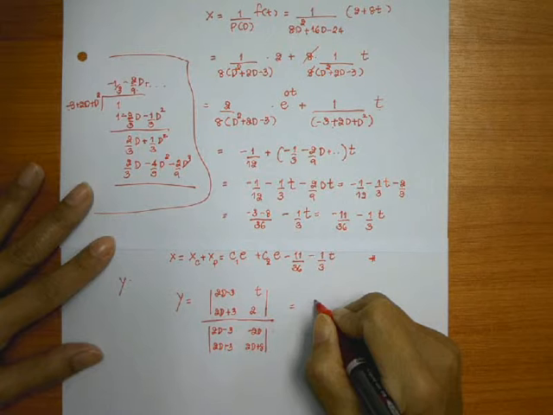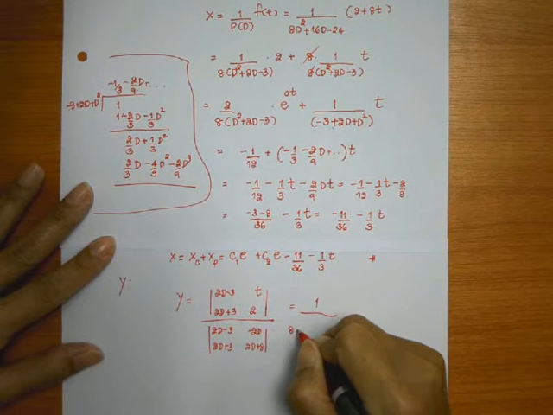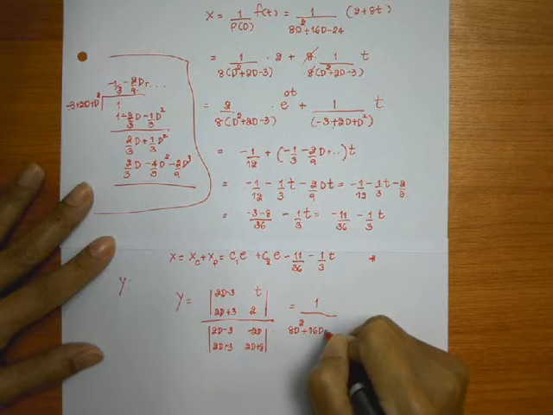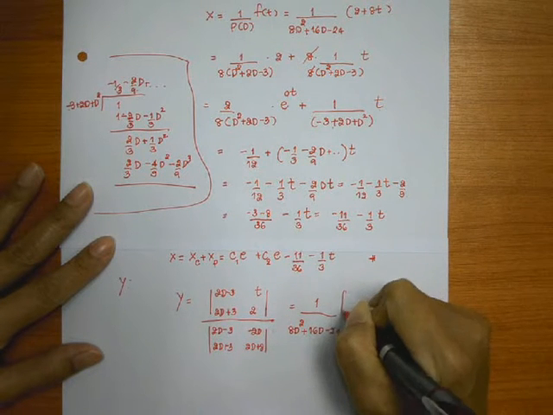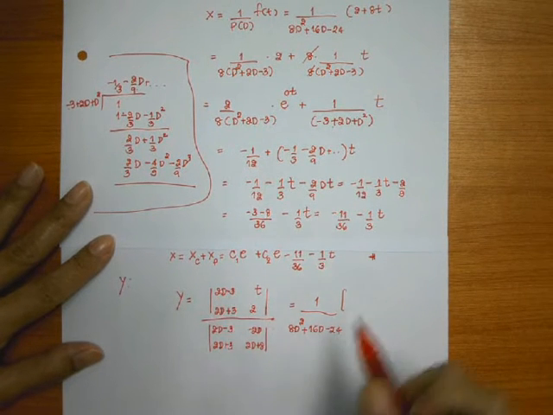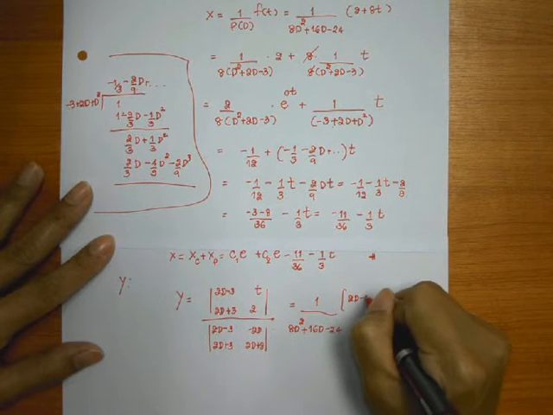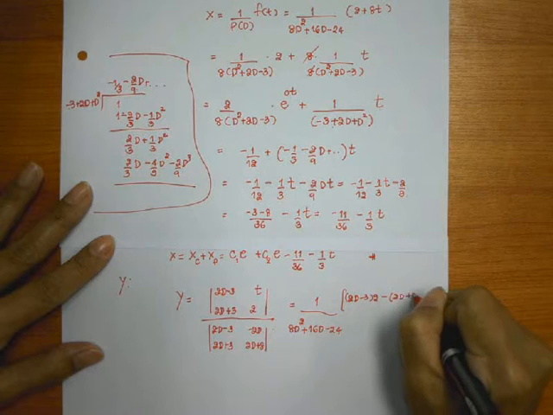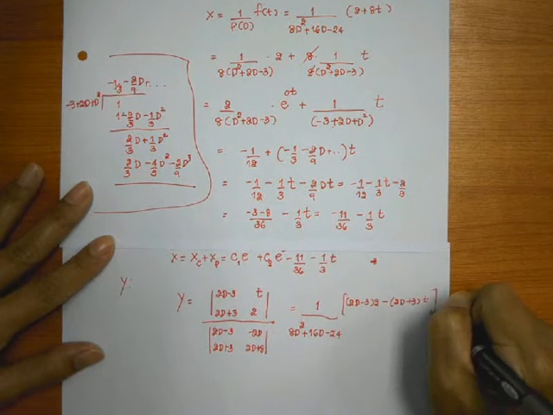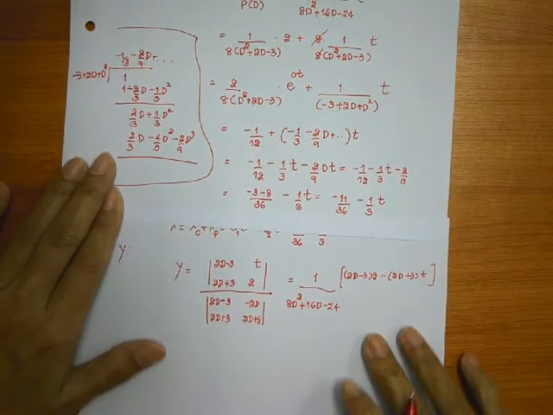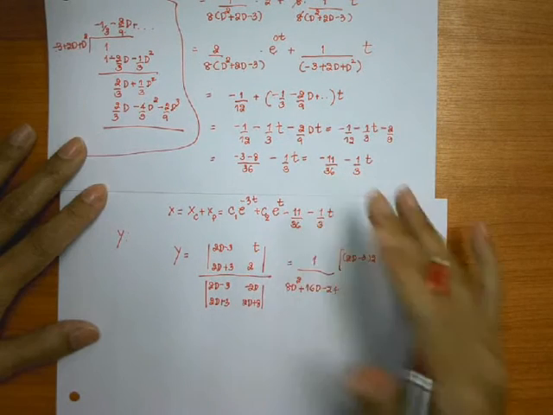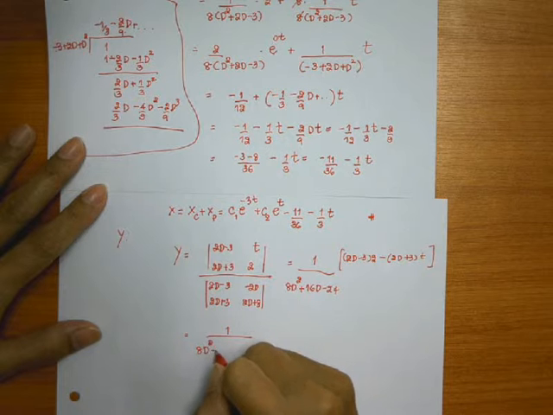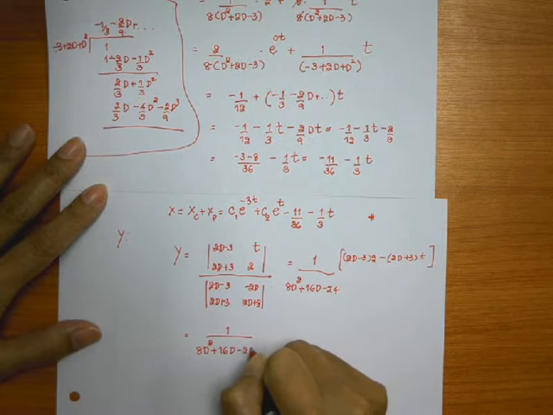So which is equal to 1 over 8d squared plus 16d minus 24. We don't need to do it again, but on the top you got to do it again. 2d minus 3 times 2 minus 2d plus 3 times t. Then we would get 1 over 8d squared plus 16d minus 24.